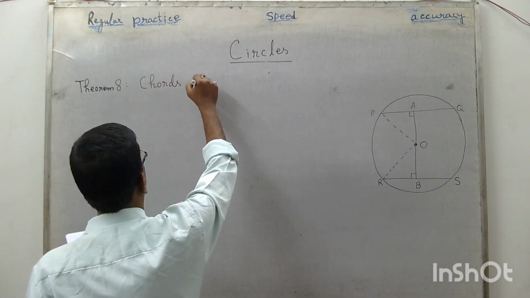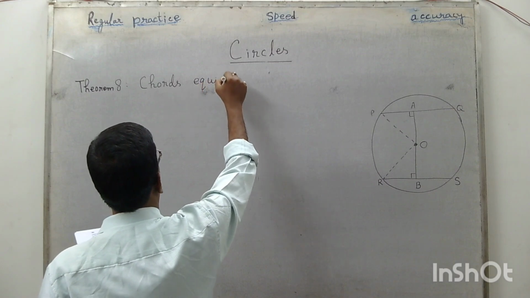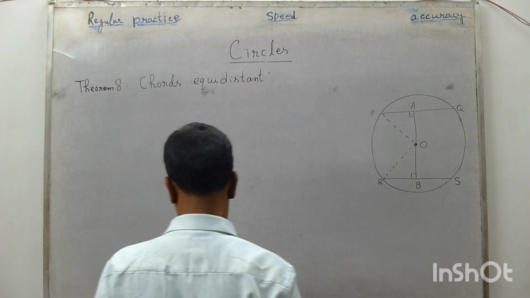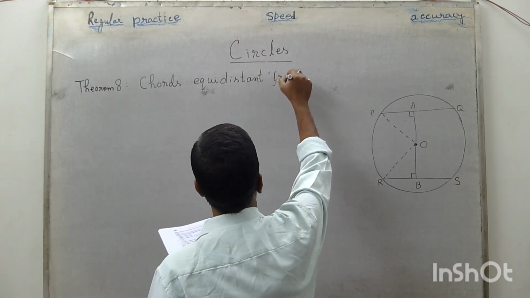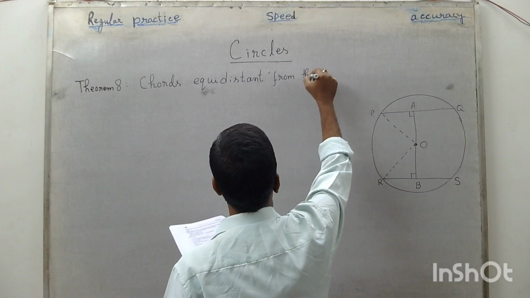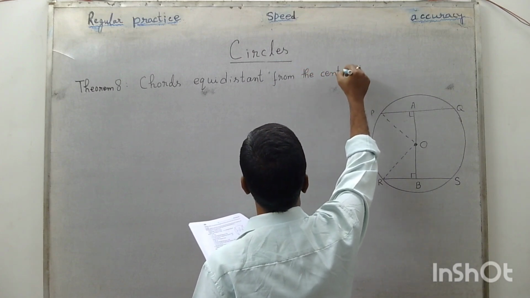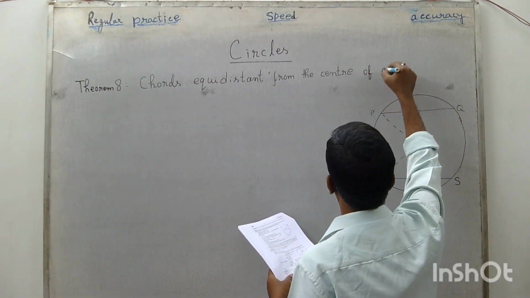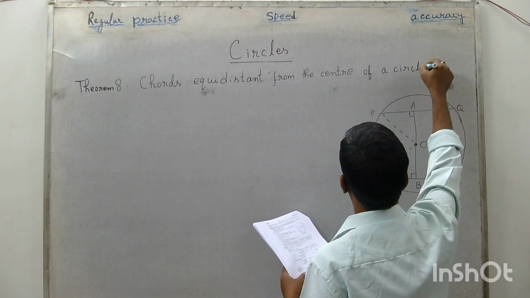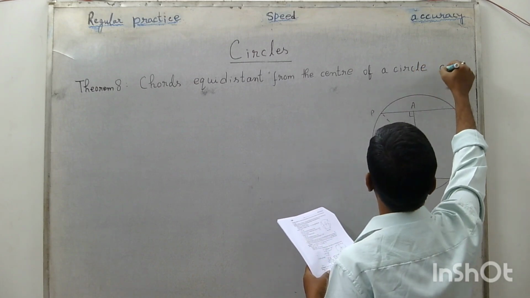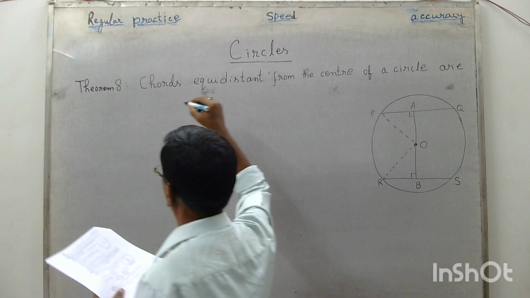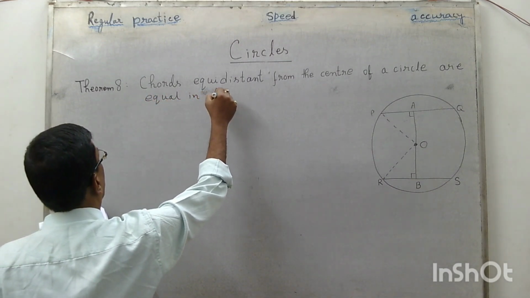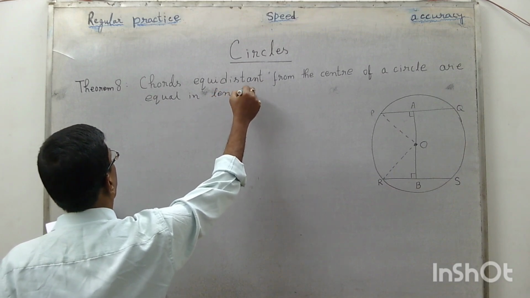Chords equidistant from the center of a circle are equal in length.